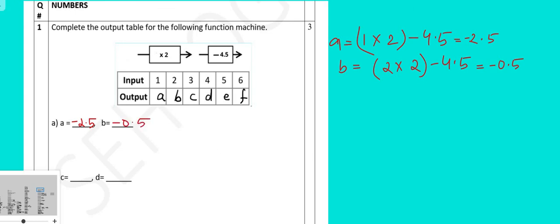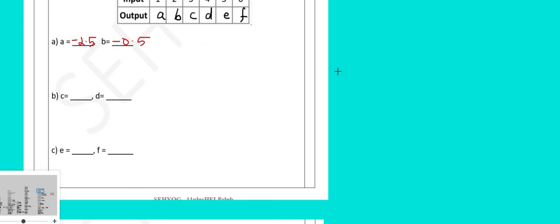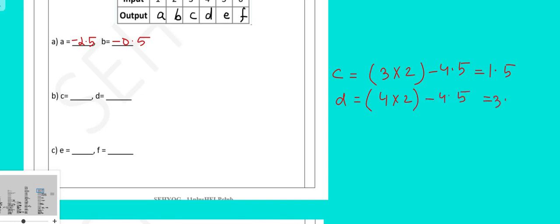Now looking at our next one, that is B. For B here C is equal to 3 multiplied by 2 minus 4.5 is equal to 1.5, and then D is equal to 4 multiplied by 2 minus 4.5 is equal to 3.5. So the values for C and D are 1.5 and 3.5.